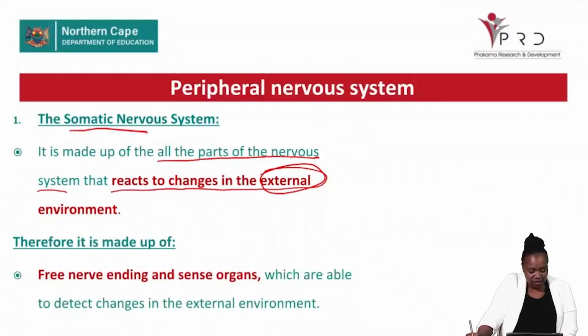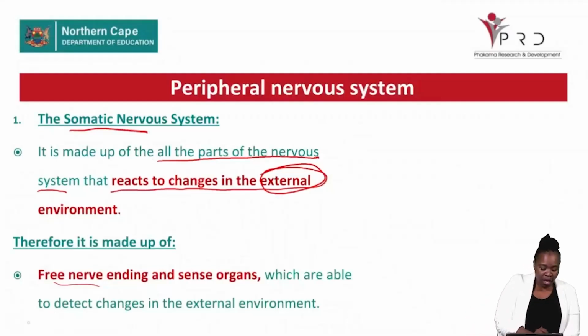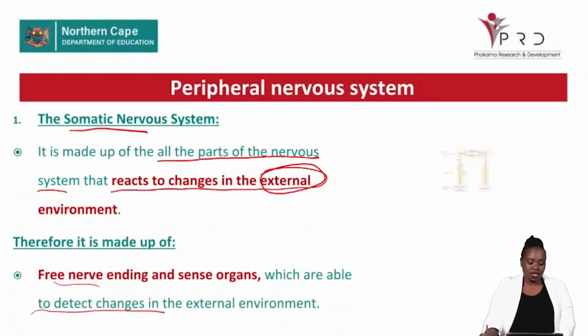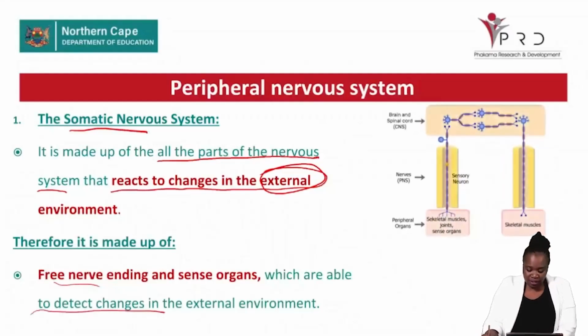This somatic nervous system is made up of some free nerve endings as well as sense organs. Remember, all our sense organs are able to sense changes in the external environment, so they are able to detect any changes that have taken place in the external environment.